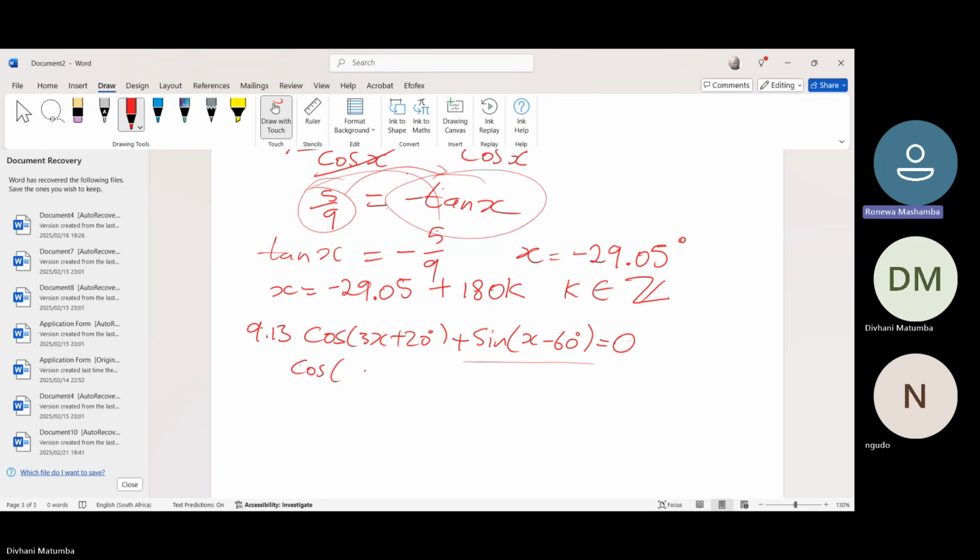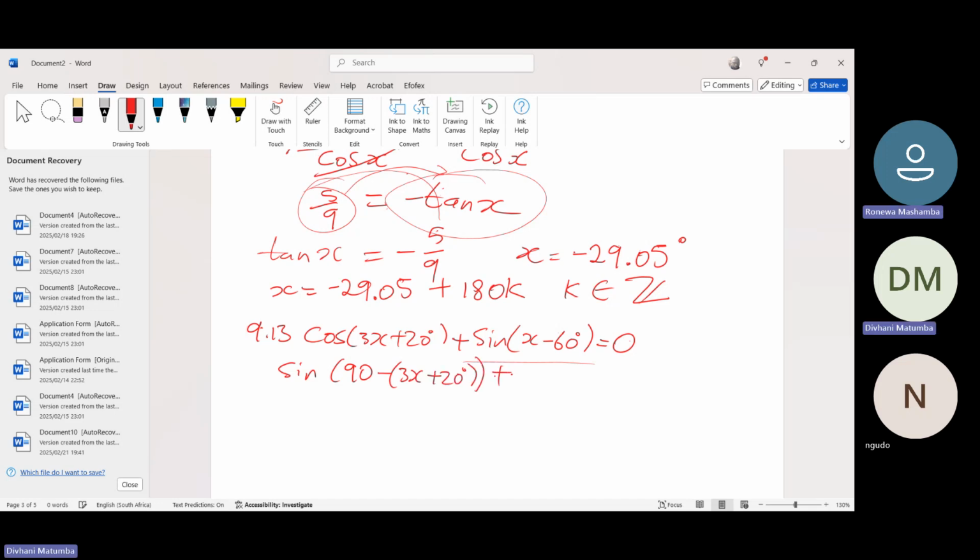Could you write sine? It's going to be sine of 90 minus, and then put the brackets and just copy down 3x plus 20.